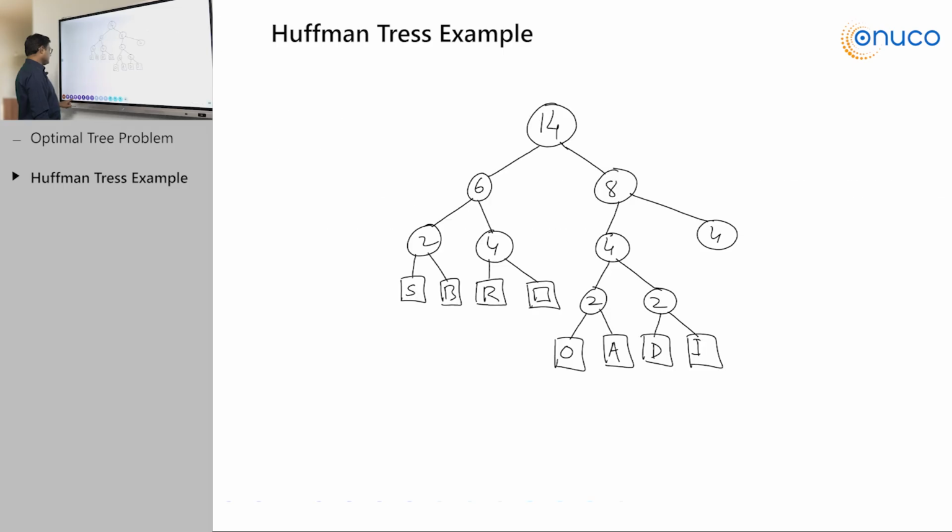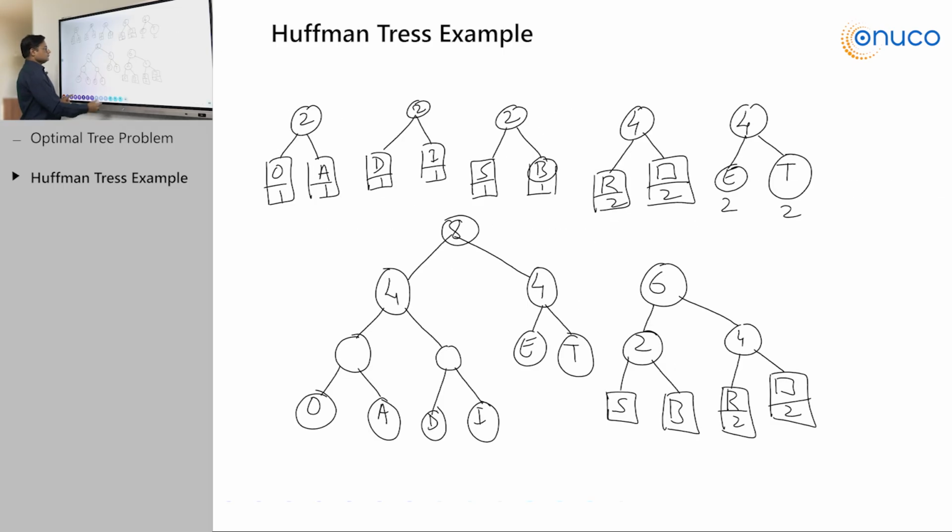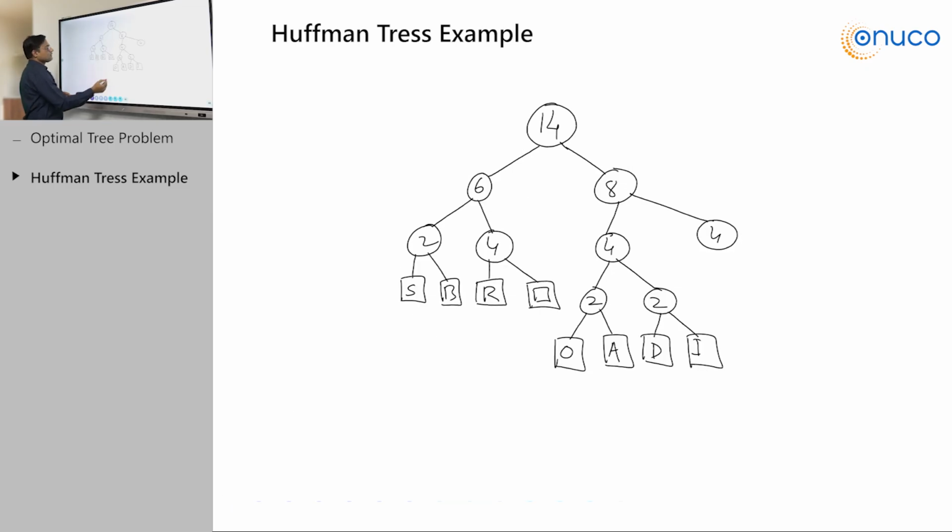Now if you see, on the right side we have 4, E T, on the right side we have an E and a T. You can observe that the frequency of these letters was 2, right. So this is 2, this is 2, this is 2, this is 2, and they are very close to the root node.